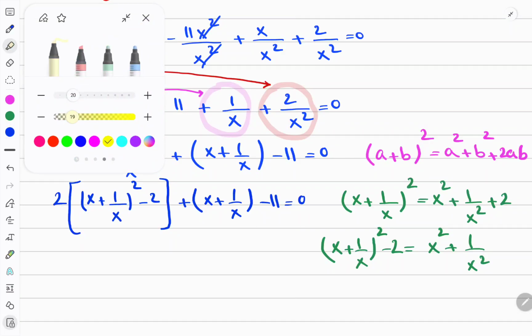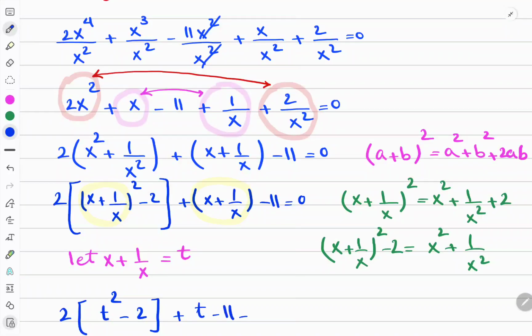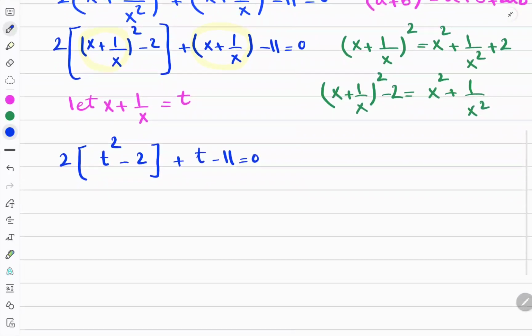And now you can see x plus 1 over x, x plus 1 over x. So let x plus 1 over x be t. So we have 2t squared minus 2 plus t minus 11 equals 0.